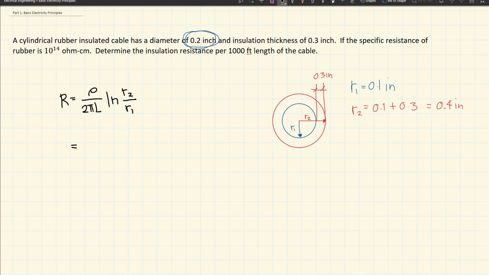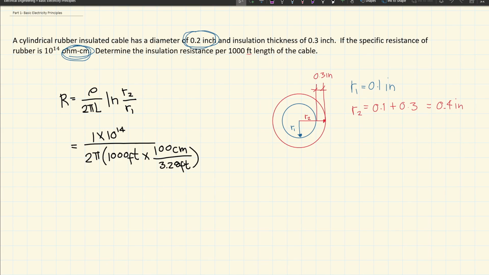Okay, let's substitute. Our specific resistance of the rubber is 1 times 10 to the 14 all over 2 pi times the length, which is 1000 feet. Okay, so 100 centimeter is equal to 3.28 feet. Then ln of 0.4 over 0.1.